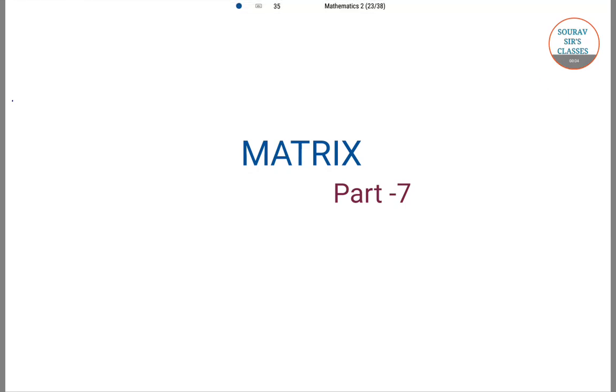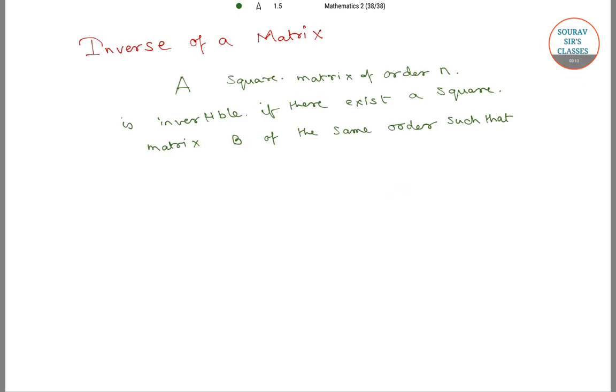This video is Matrix video part 7, and in this video we will learn about the inverse of a matrix. Its definition is: a square matrix A of order n is invertible if there exists a square matrix B of the same order such that AB = In = BA.